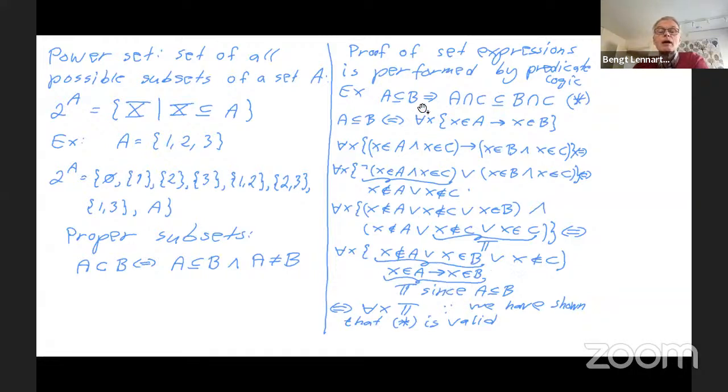But I had an implication up here. I said that, okay, if this is true, then this is true also. So now I can use this fact that X in A implies X in B is something I can use that is true.